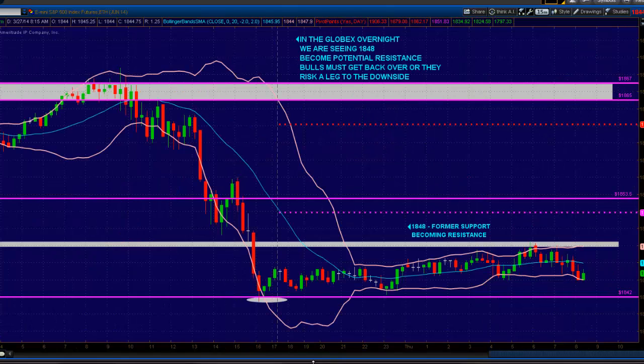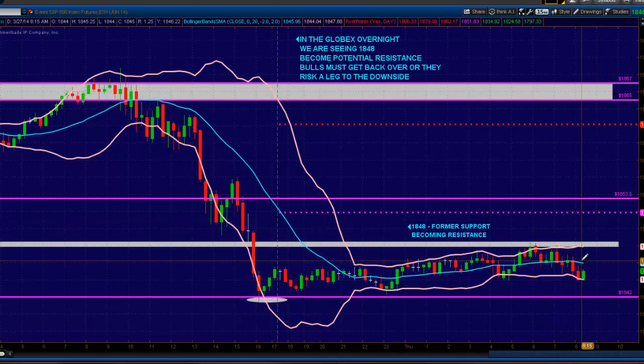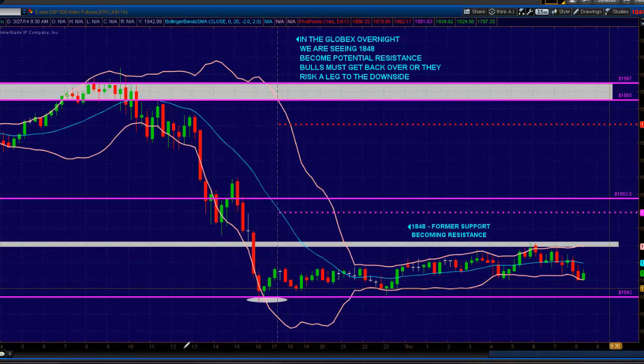What is particularly concerning to me in the overnight, and it should concern you if you are a bull, we are seeing former support at 48 become resistance. If that holds true into the regular session, then we should see a break of 42 and some expansion to the downside.